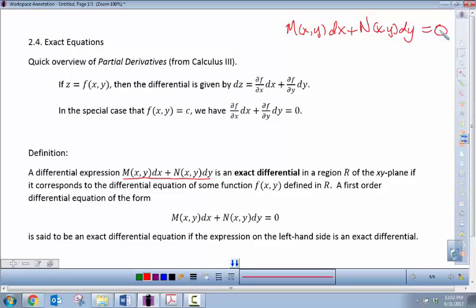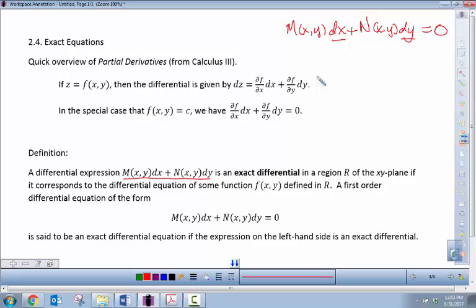So the dx and dy here are part of the differentials, and when you put them as a ratio of each other, then you get your dy dx, or dx dy, depending on whatever thing you're dealing with is asking for.